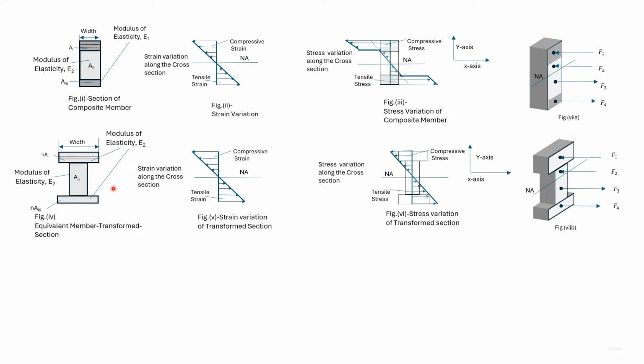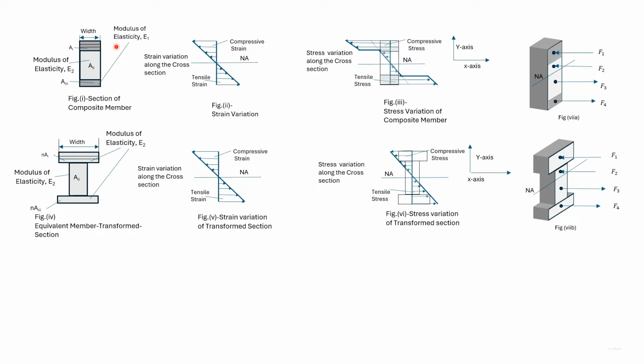The equivalent member was made up of one material. The section was given in the equivalent member so that the forces acting on the fibers from the top to bottom were the same as the composite member.